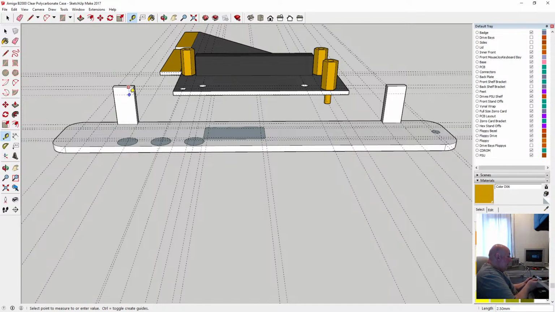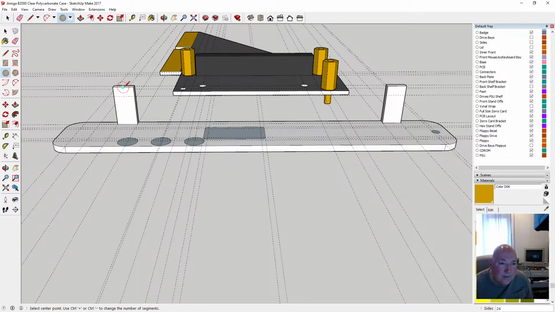It's looking like it's 9. 9.5. Let's say 9.5. So 9.5 from this end. 9.5. So what's that give us? 3 mil.